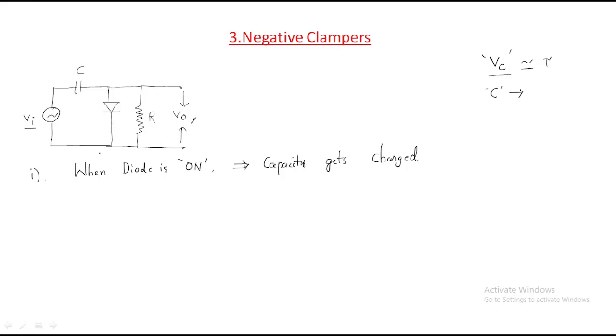So here, when the diode is on, look at the diagram. Diode is on means here we have the input voltage and the capacitor. The diode will be short circuited, and automatically the resistor is of no use, it also becomes a short circuit.